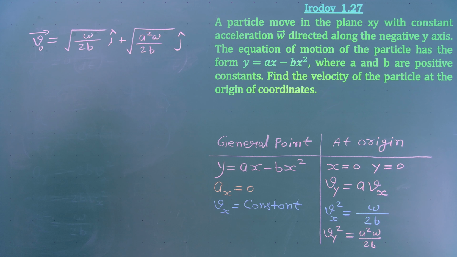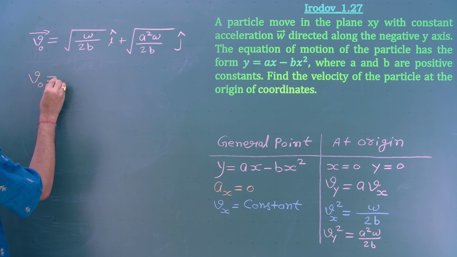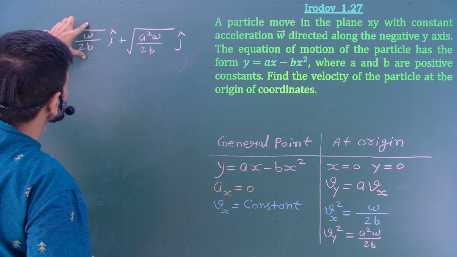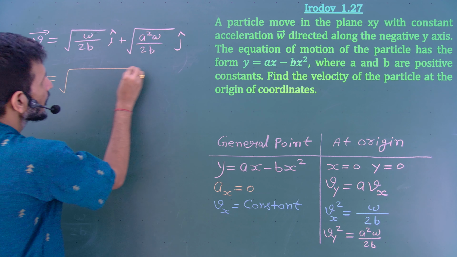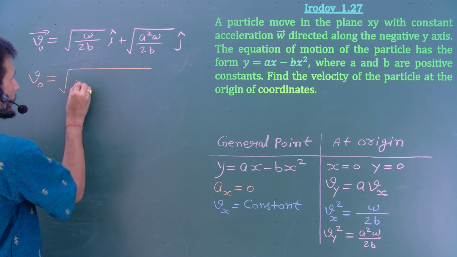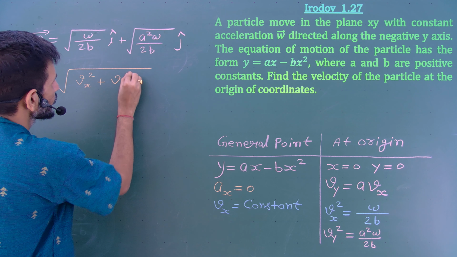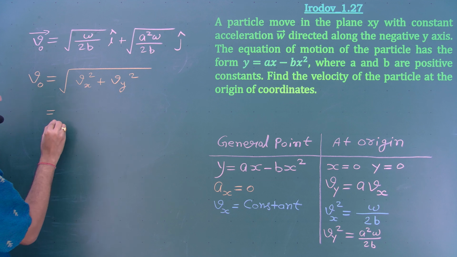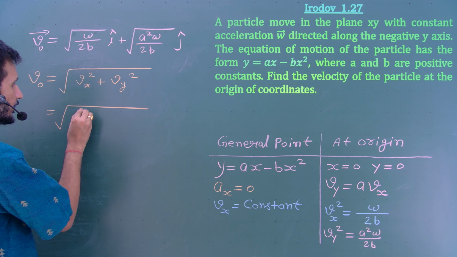What is the magnitude of this velocity? Means speed. What is the speed? So speed should be equal to the square of this plus the square of this, under root: Vx square plus Vy square. So it should be equal to under root, what is Vx square? Omega by 2b.